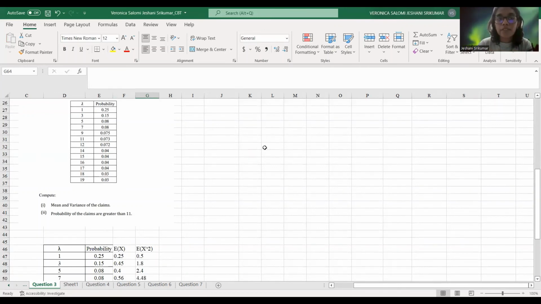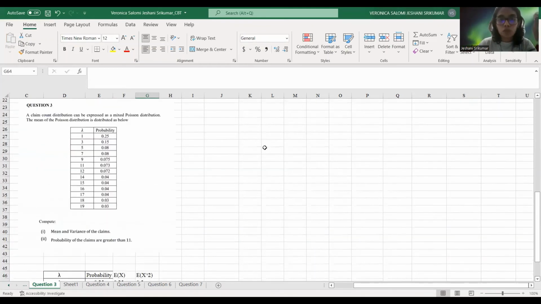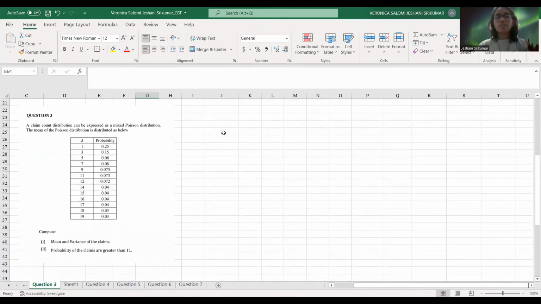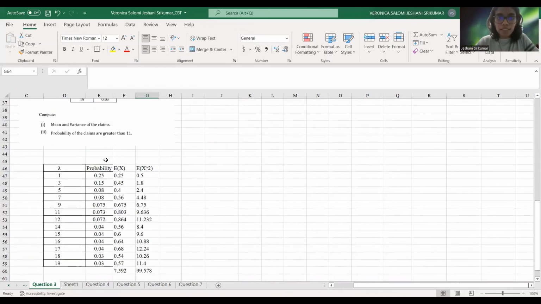So how do we find the probability of, like, 1, 2, 3 or anything, of a mixture distribution? We have to find the probability of 0, 1, 2 all the way to 11, right? It's the same method that we used to find the mean and the variance. For the probability of 0, we have to find the probability of 0 when lambda is equal to 1, and we multiply it by the weightage.